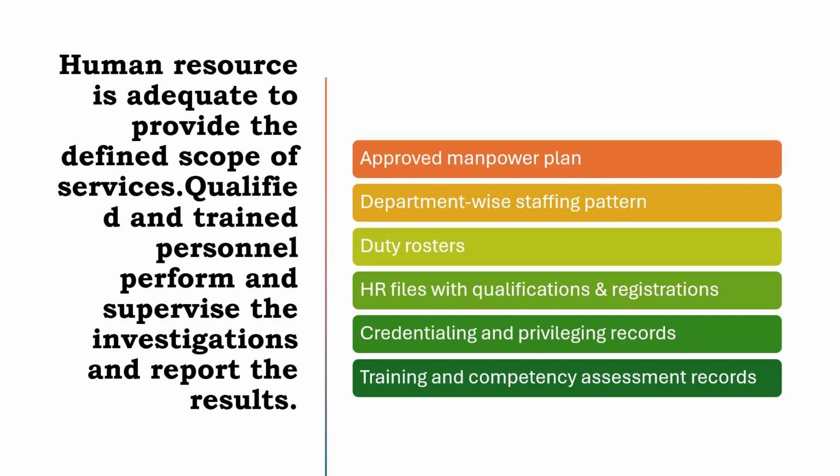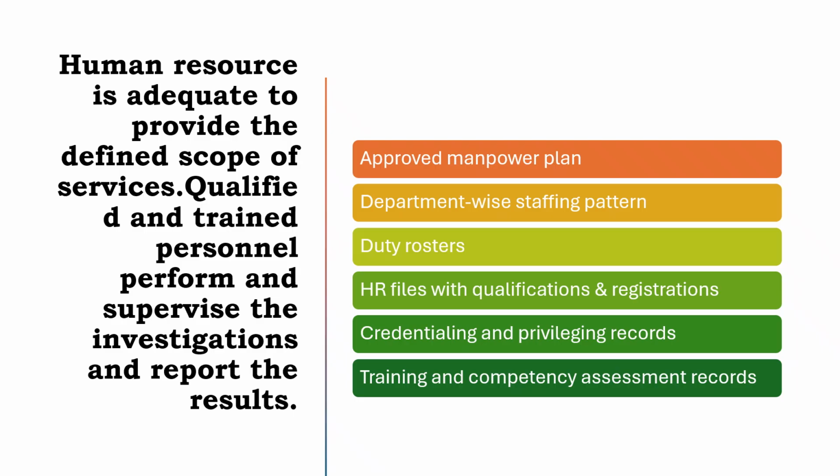So human resource should be adequate to provide the defined scope of services. Qualified trained personnel should be there. So an approved manpower plan should be there with HR and with the department. Department wise staffing pattern should be decided, like biochemistry, how many staff are required, histopathology, how many, sample collection, how many, and microbiology, what are the staff requirements. So like that your staff calculation should be done.